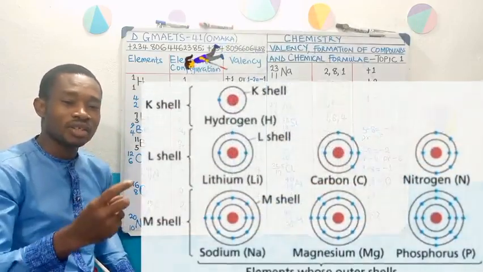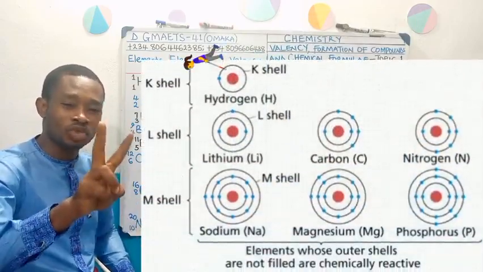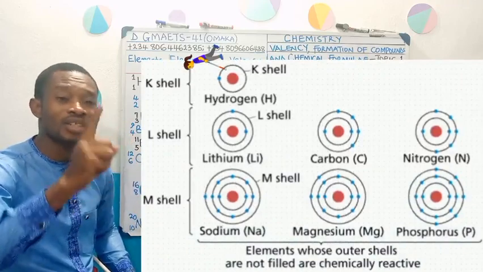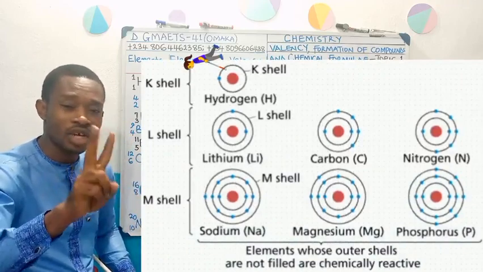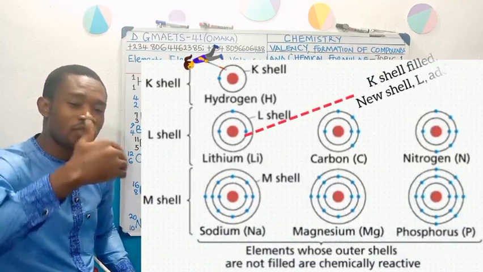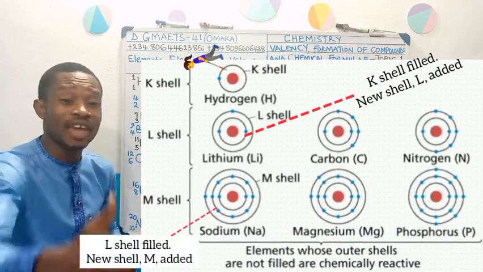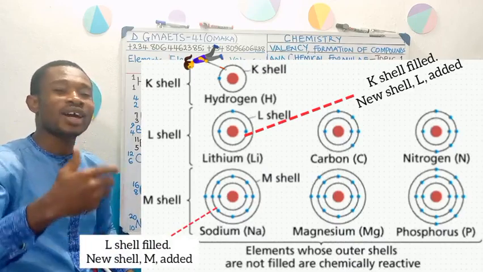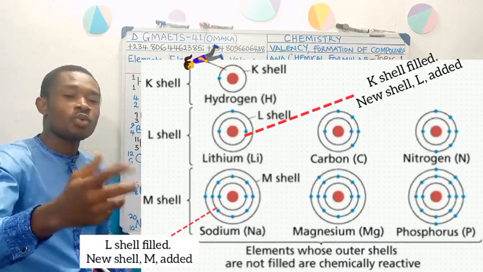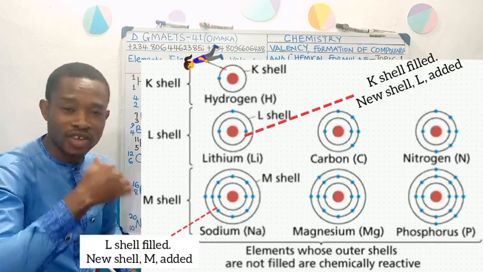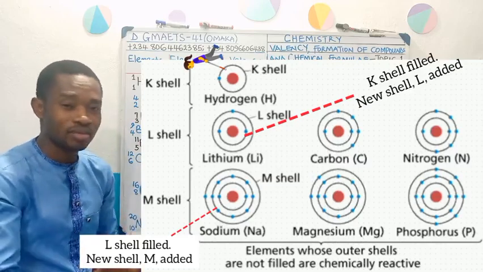K shell can contain a maximum of 2 electrons. It doesn't contain more than that. That's the first shell of an atom, 2 electrons. Then from L, M, N, and then onward, they contain a maximum of 8, which is why we talk about octets. That one which contains a maximum of 2, we refer to it as duplet.